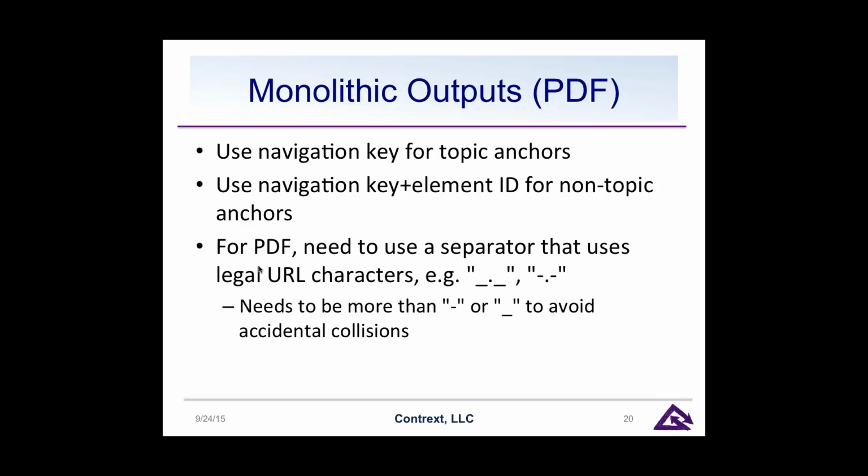One challenge in PDF is that the string value of that named anchor has to be something that's legal in a URL, and that means that there are some characters that you might have in your IDs or your keys, or that you might normally use to join up the topic key name and the element ID, that won't work here. And then you also have some issues. You could have some accidental collisions. So you just need to be aware of this detail as well.